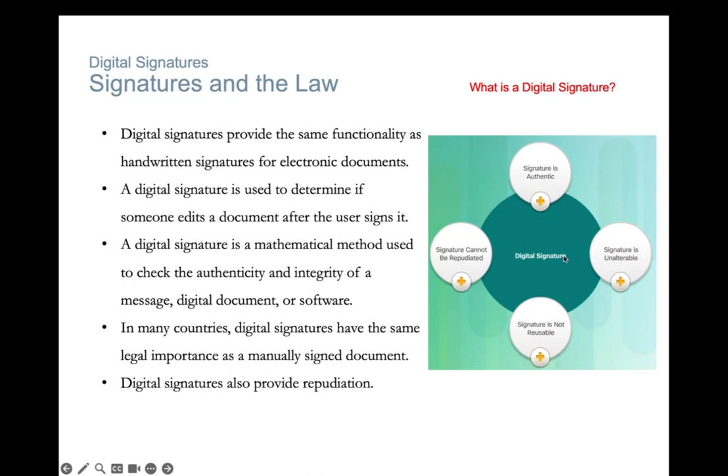The signature is authentic, the signature is unalterable, the signature is not reusable, and the signature cannot be repudiated. Digital signatures are an alternative to HMAC, the hashed message authentication code.